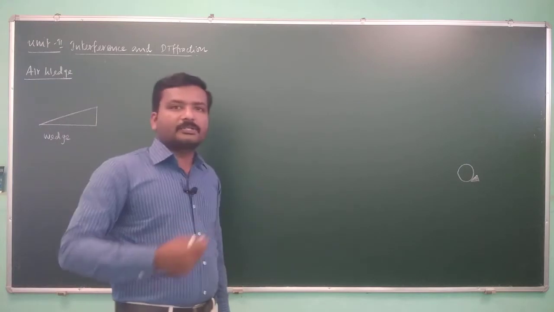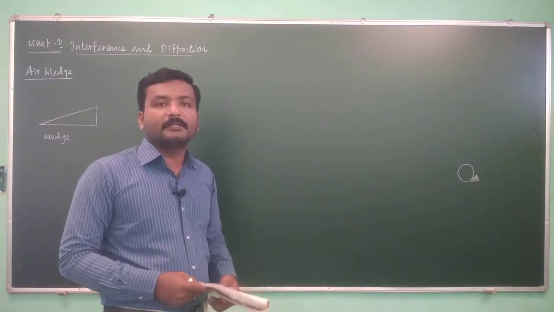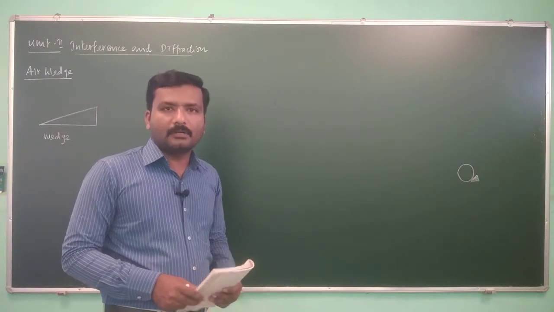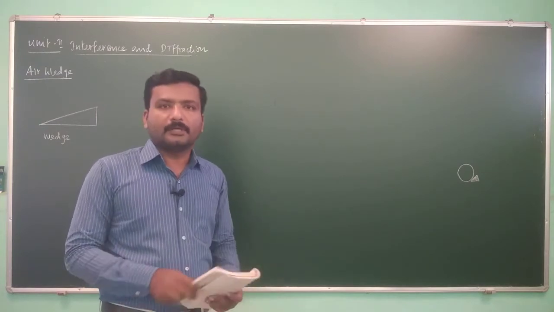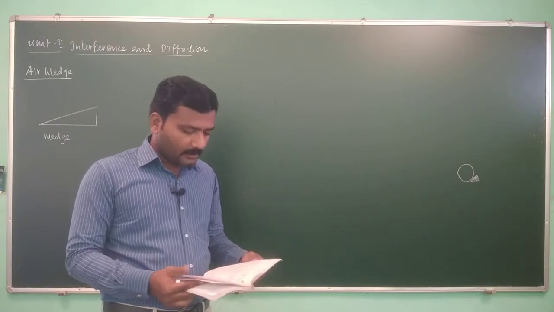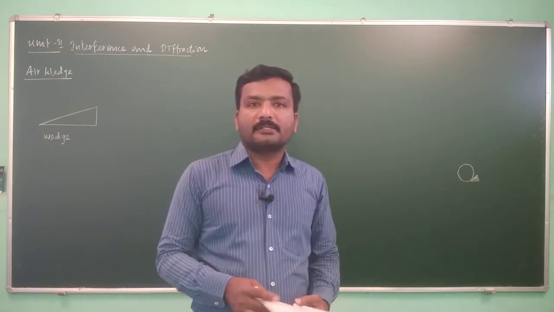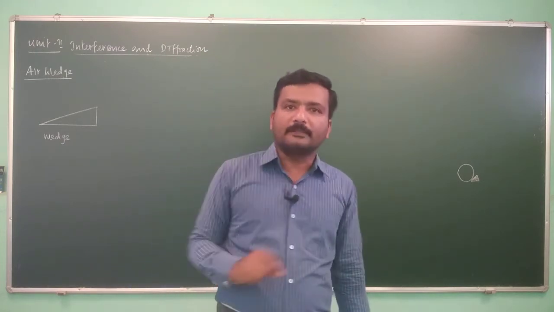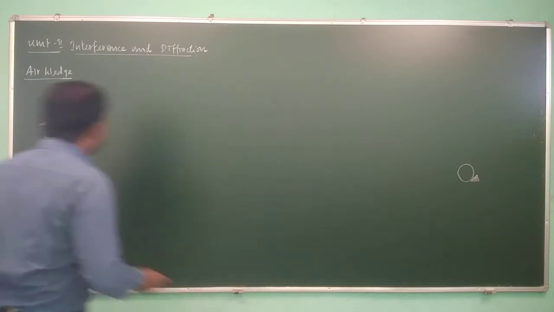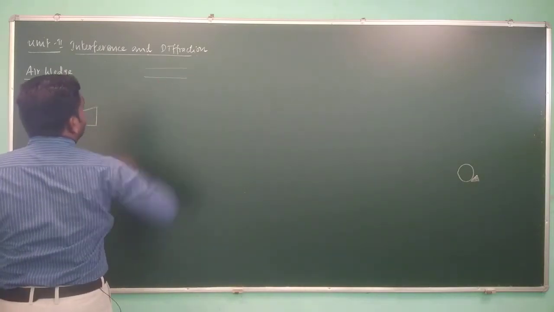In the previous lecture, we have seen the interference caused by two interacting light waves coming from the upper and lower surfaces of a thin film of thickness t. There the thin film has parallel surfaces.